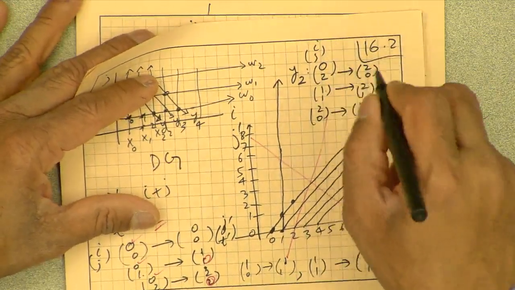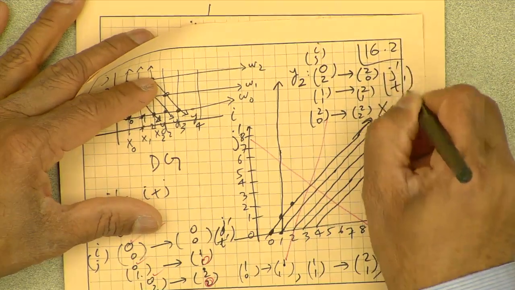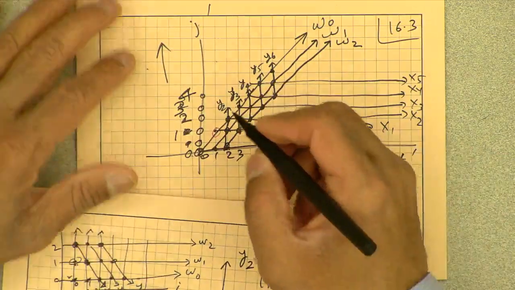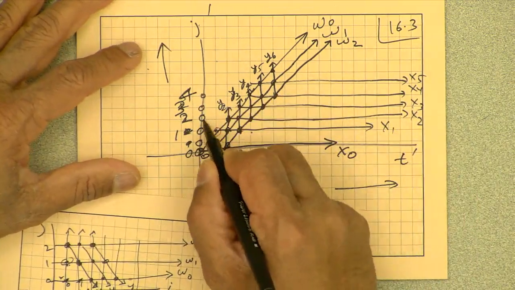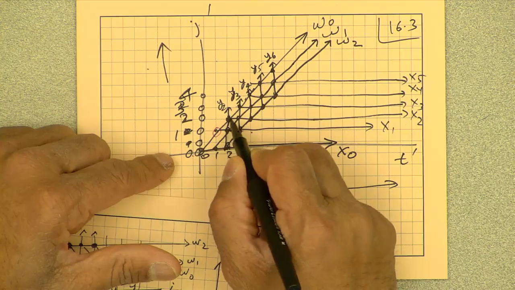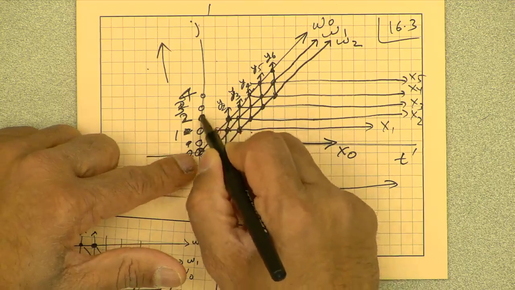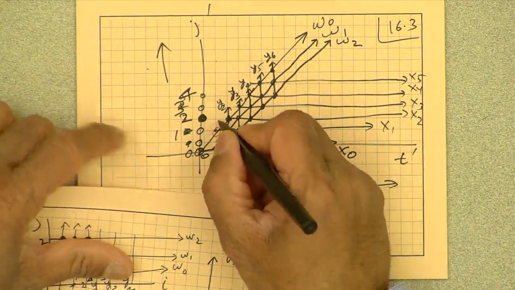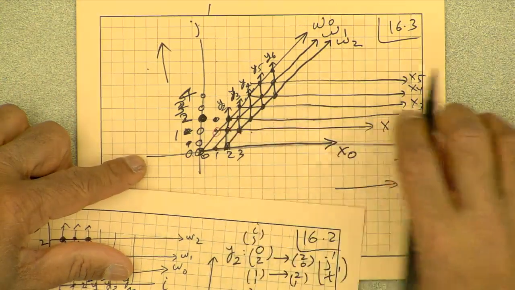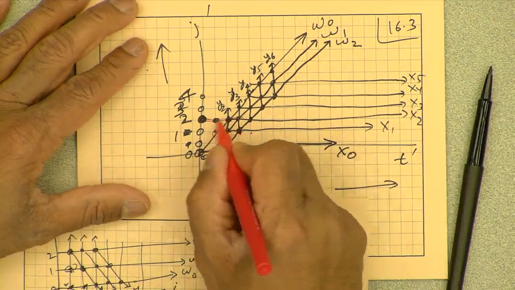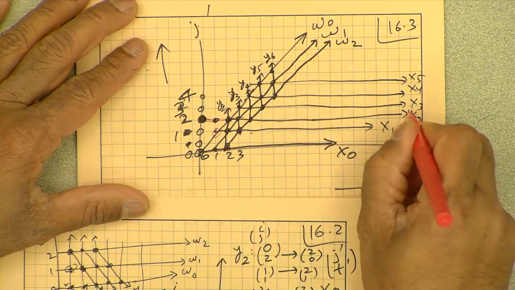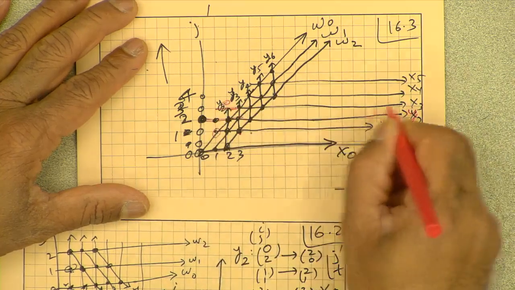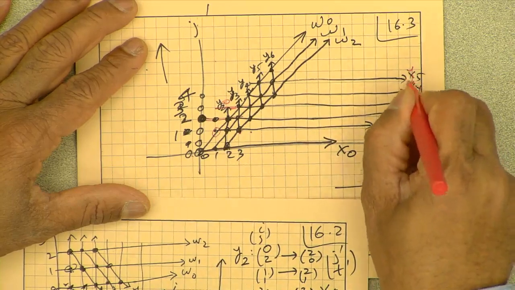So this is 2, 0 in j prime t prime representation: j prime is 2 and t prime is 0, so that's this point. Then 2, 1 is this point, and 2, 2 is this point, and that's y2. Next will be y3, y4, y5.